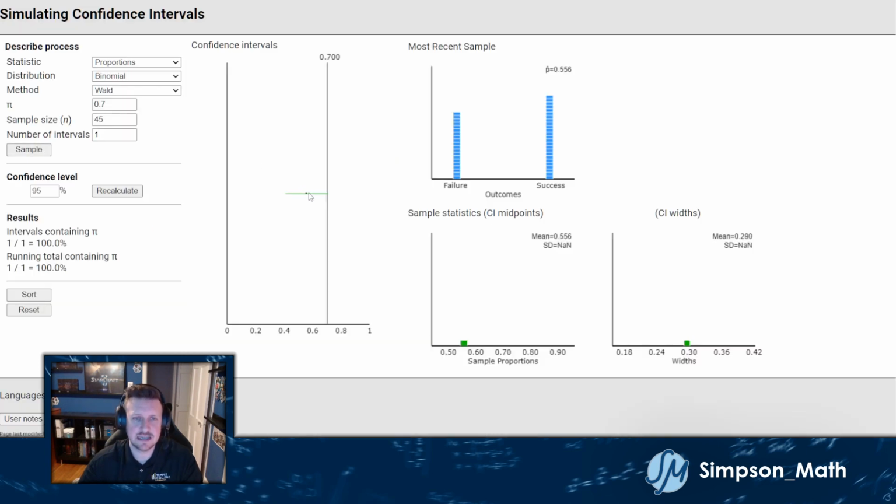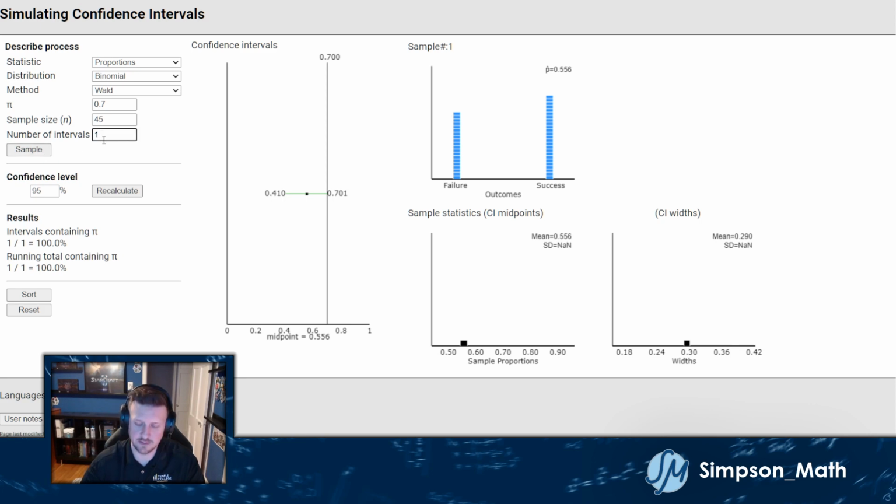If I take this one sample, this one was a real low, and the interval went from 41% to 70%. I sampled 45 students, and 55.6% of them said they were female. So if I produced an interval, because I don't know the truth, I would be estimating that somewhere between 41 and just over 70% of students would be female.